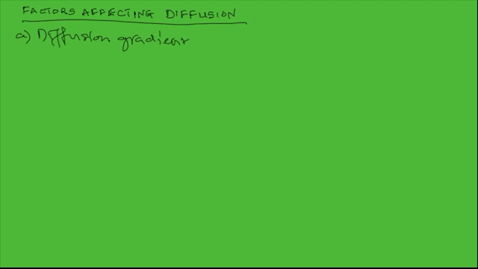So for instance, you can have two different diffusion gradients: this gradient, let's call it gradient A, and another one, gradient B. The greater the gradient, the higher the rate of diffusion.